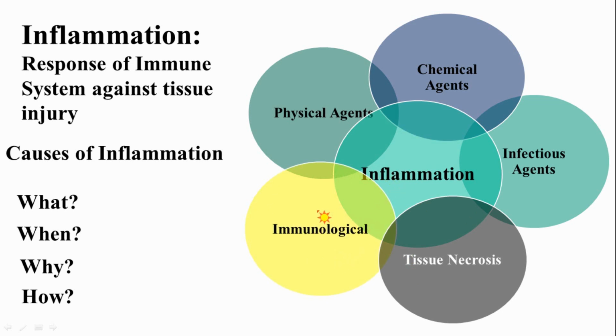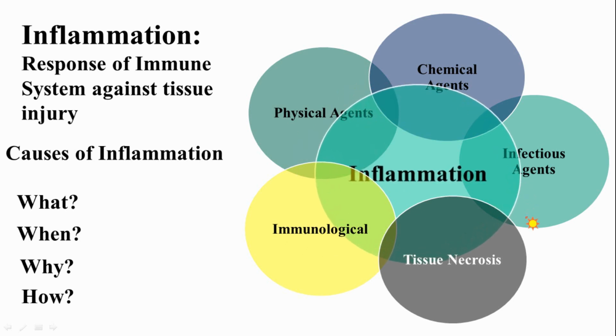Usually immunological reactions are not responsible for inflammation, but there are certain cases such as autoimmune disorders or autoimmunity that can lead to inflammation. Then you can see the complement system, or you can say complement pathways, can also lead to the inflammatory response. So these are the various causes of inflammation.